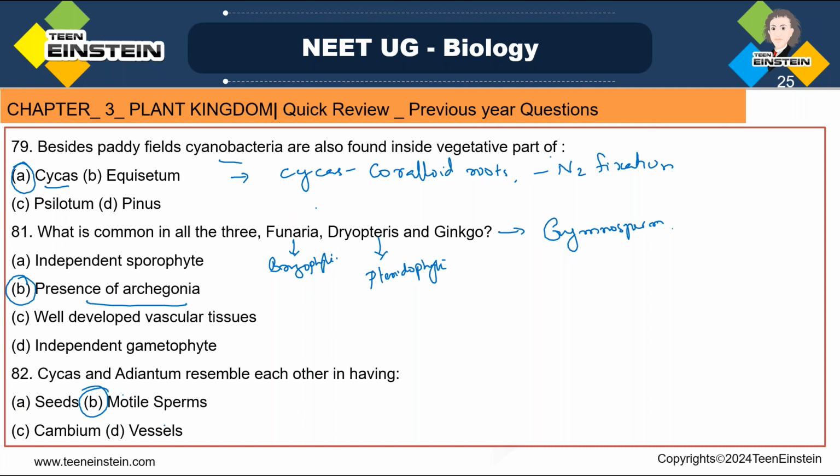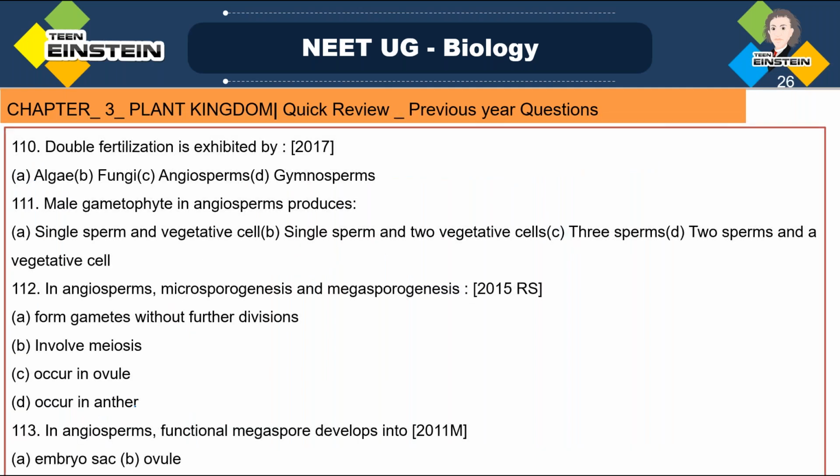So among these, which is the common one? Motile sperms. Seeds you can see only in gymnosperm, not in pteridophytes. Cambium is also present in gymnosperm and absent in pteridophytes. Then xylem vessels are absent in both pteridophyte and gymnosperms. So the right answer is motile sperms.